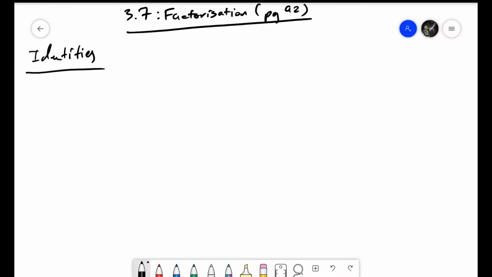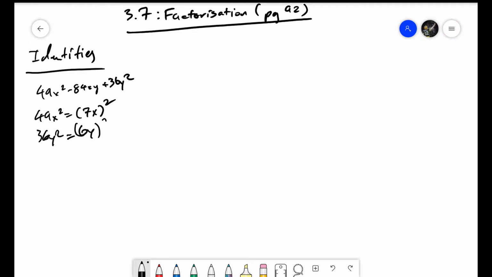The next problem with using identities is to factorize 49x squared minus 84xy plus 36y squared. So to do this, you notice that 49x squared is equal to (7x) squared, and 36y squared is equal to (6y) squared.